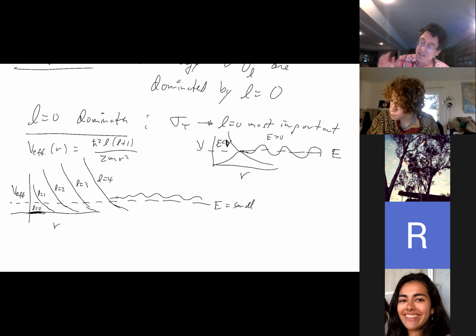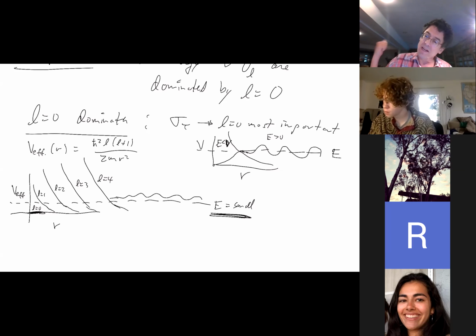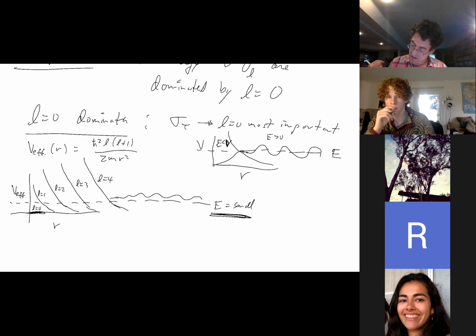And so the point is that if you have small energy and high angular momentum, I'll ask you a question. Does your wave function make it to the origin if you have high angular momentum? Not at all. Your wave function never makes it to the origin, but the potential is usually small away from the origin.